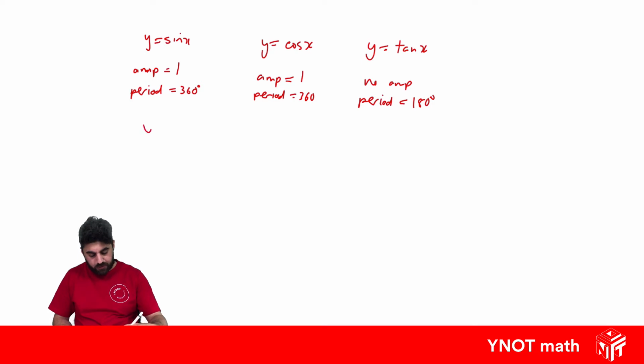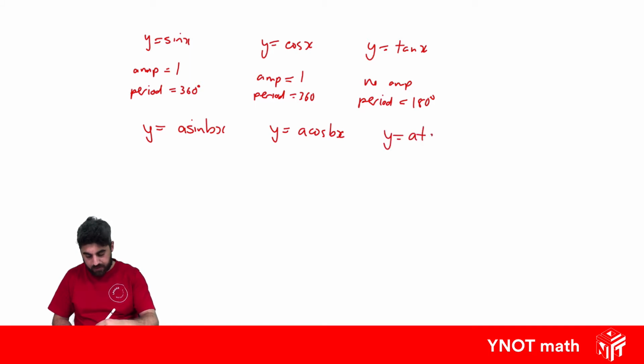So we're going to look at y equals a sine bx, y equals a cos bx, and y equals a tan bx. If this is the case, our amplitude of this graph is actually equal to a.